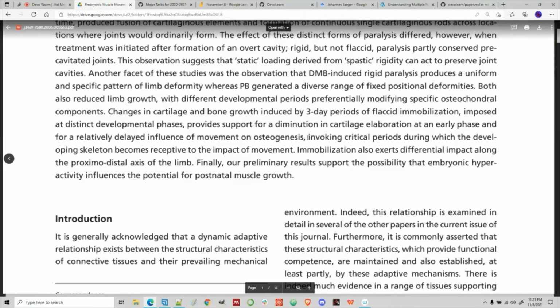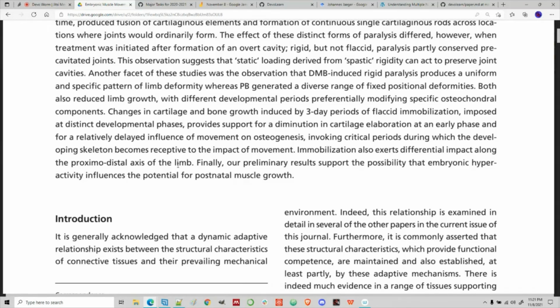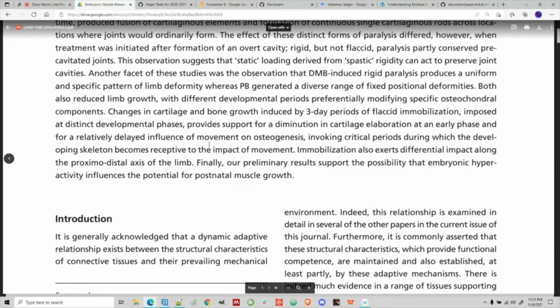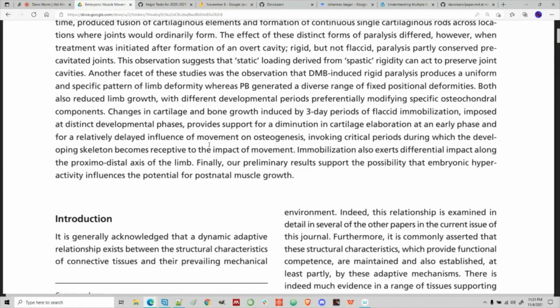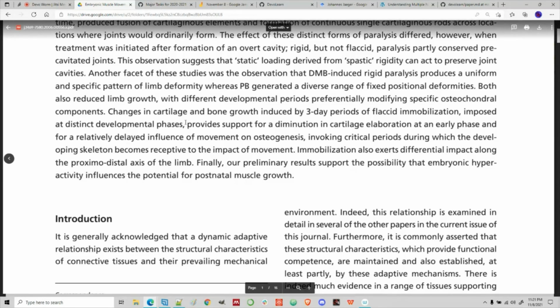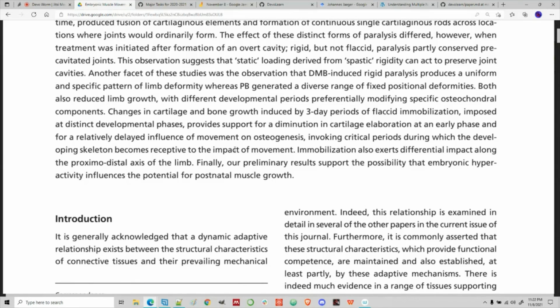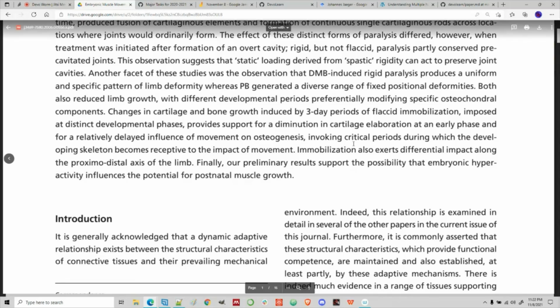So this means that this critical period is very important to this process, and the timing of it is very important as well. So if you introduce movements later or earlier in development, maybe it isn't as effective. And this is why we see that graph in the last paper, where there's a peak about 2/3 of the way through development of spontaneous movements, because it's having the greatest effect there.